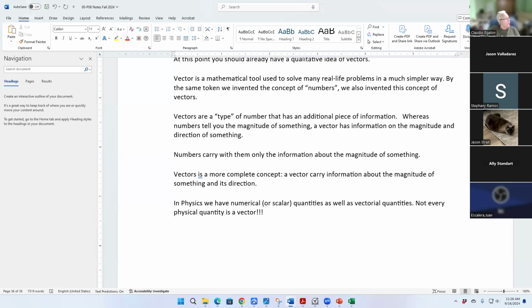And now we should go back to that table listing the core principles of physics.